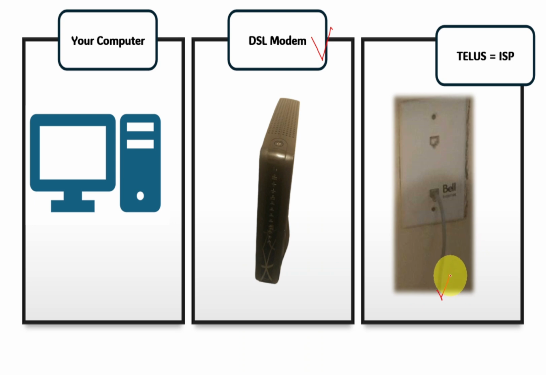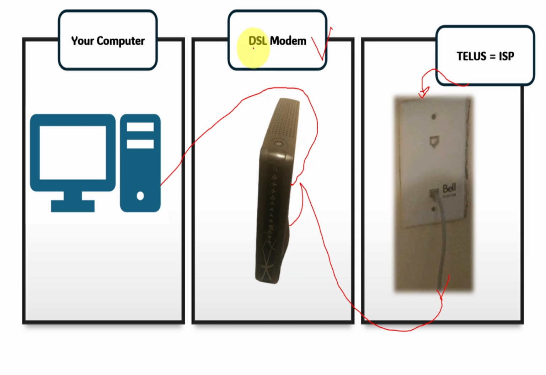I'm just giving you an example, maybe in case it's Bell Canada. This one is coming right here, and then this one is going to go right here. Now, this from your computer is going to go right here also to connect it.